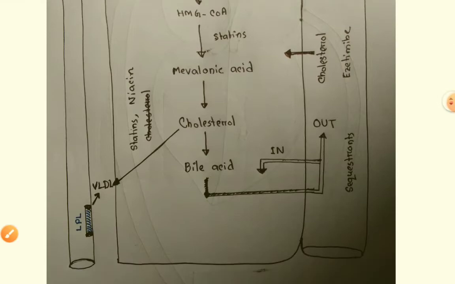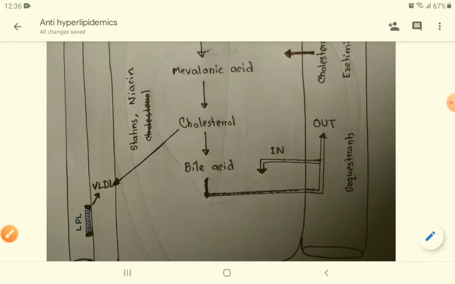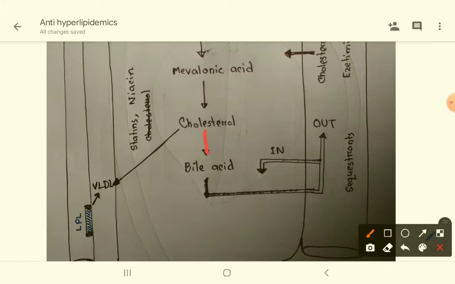Okay, and cholesterol then goes to synthesize VLDL, right? Which is stimulated by lipoprotein lipase. Lipoprotein lipase is an enzyme. So this enzyme stimulates the production of VLDL. Okay, so now from cholesterol there is the production of bile acid.